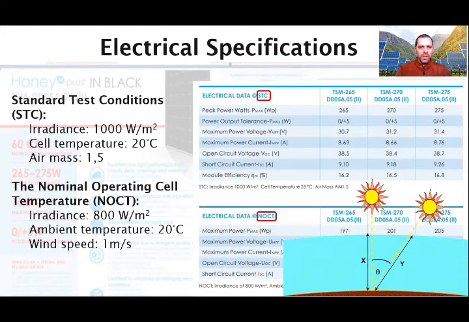Only the air mass requires some explanation here. This number is somewhat misleading, as it refers to the amount of light that has to pass through Earth's atmosphere before it can hit the Earth's surface, and has to do mostly with the angle of the sun relative to the reference point on the Earth.